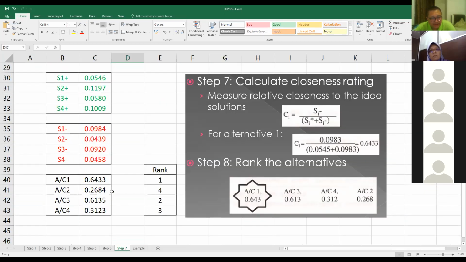So now we can rank them. During exam or quiz or assignment, the student normally forgot. They only calculate until this point. They didn't put the rank, which one is number 1, which one number 2, number 3, number 4.